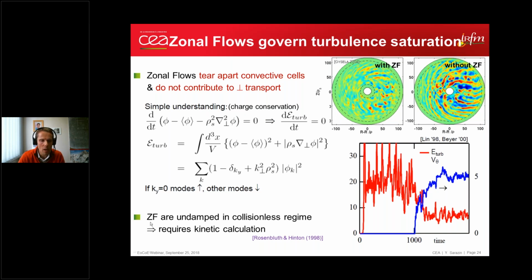An important point to notice is that zonal flows are somewhat peculiar in this picture because they are linearly damped only by collisions. They are really stable linearly, so they require kinetic calculation, because all fluid approaches overestimated diffusion.